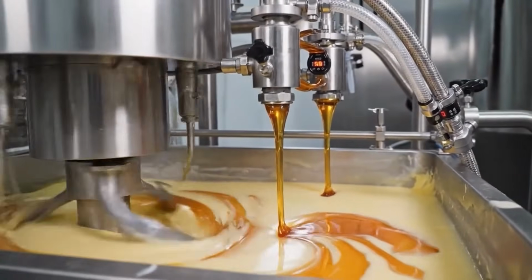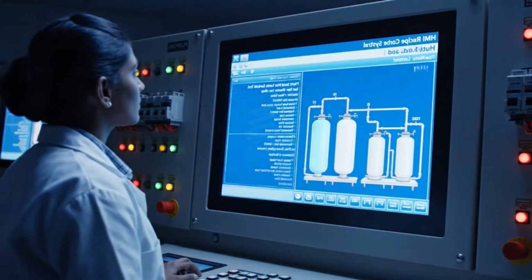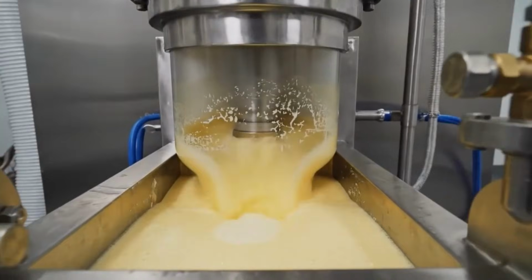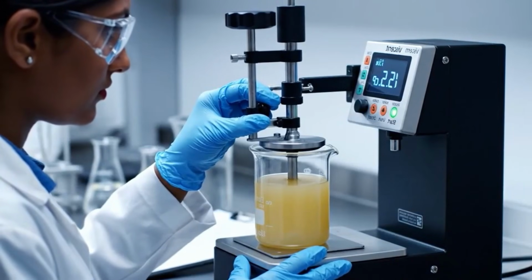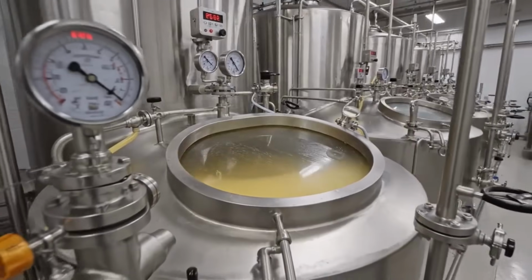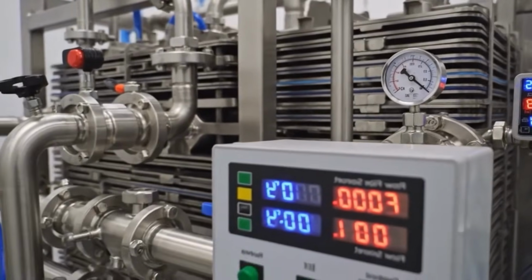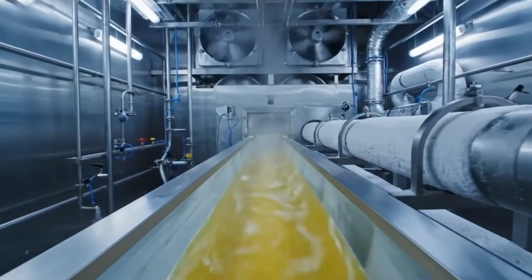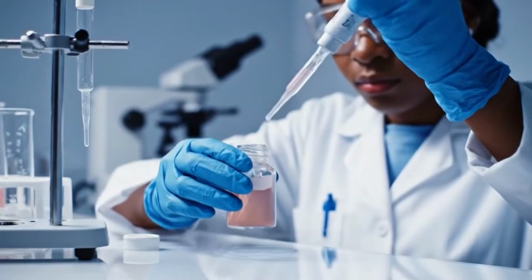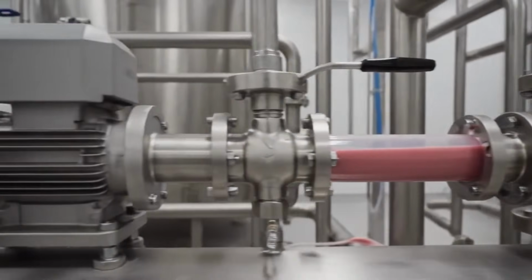Sweeteners are introduced in multiple phases depending on their type. Crystalline sugars, such as sucrose or dextrose, are stored in bulk bag unloaders and conveyed to the tank using vacuum-driven feeders or screw augers passing through sieve screens to remove agglomerates.